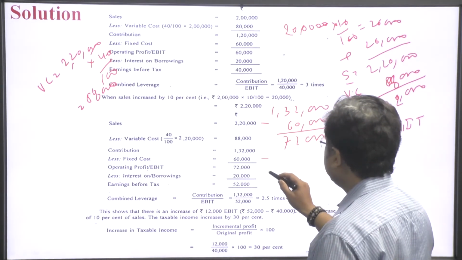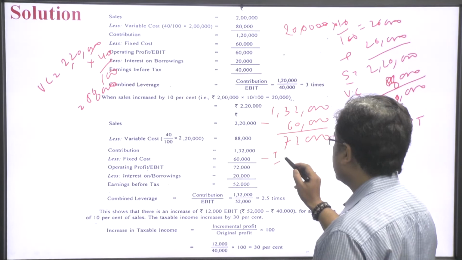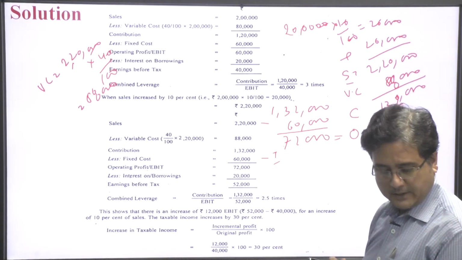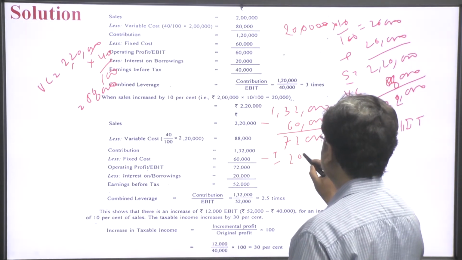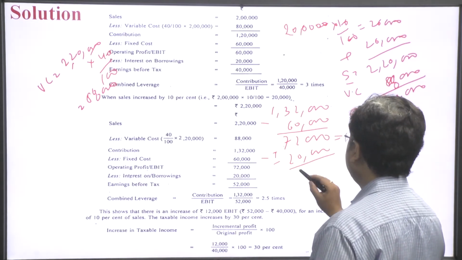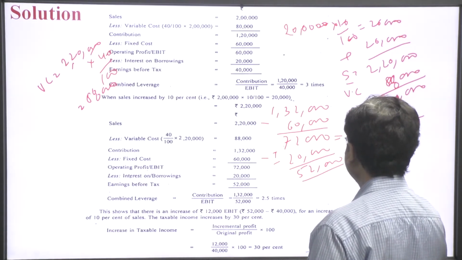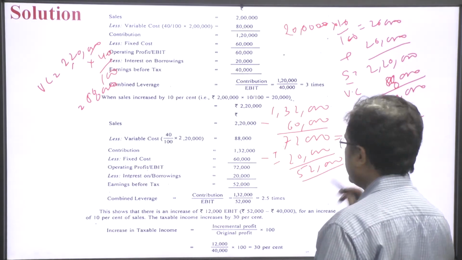Now, from EBIT we deduct the interest, the borrowing of 20,000, and we have 52,000. This is EBT.